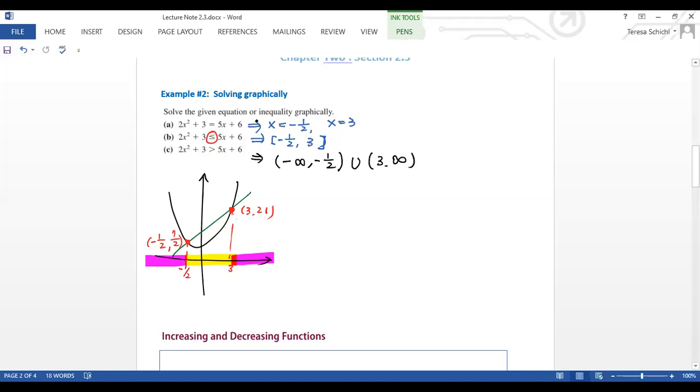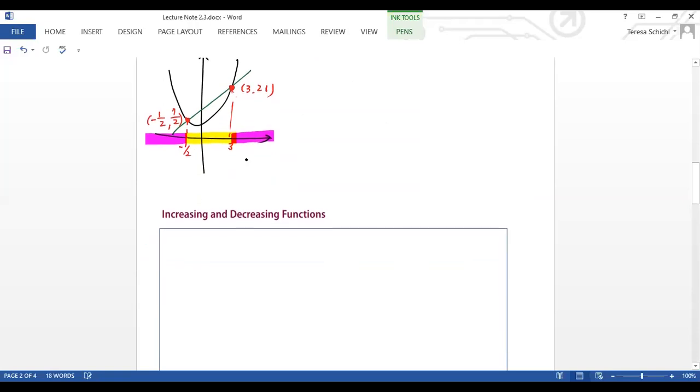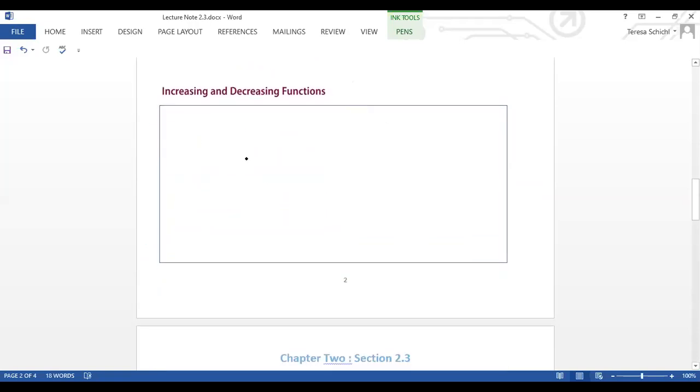So you solve the equations, solve the inequalities here. Okay, the next thing we're going to talk about is how do I identify increasing and decreasing? Okay, so this is also very intuitively true.